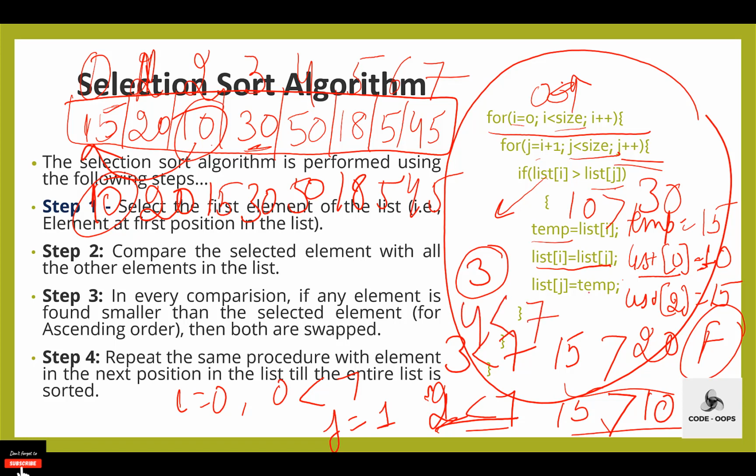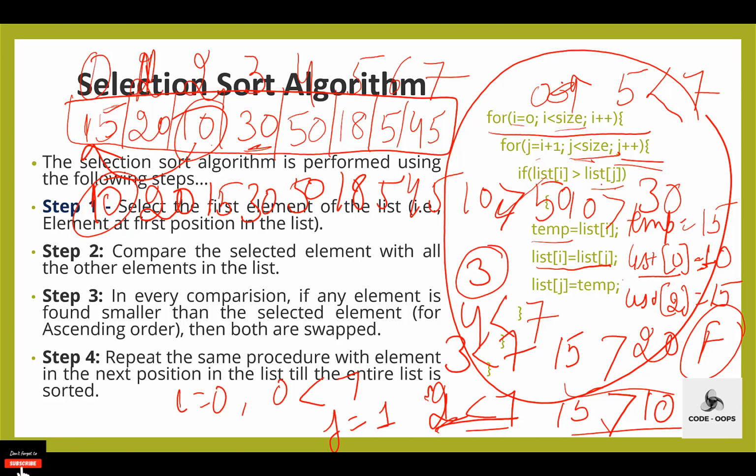The condition is evaluated to be true. Then check the if condition. If list of i is greater than list of j, the element at i index is 10, is greater than list of j, the element at j index is 50. 10 is greater than 50, condition becomes false. j plus plus, j becomes 5. Then check the if condition.